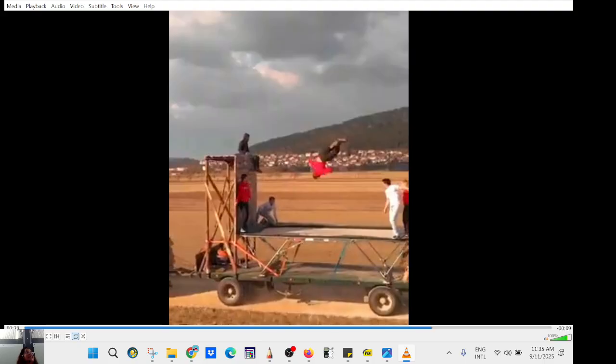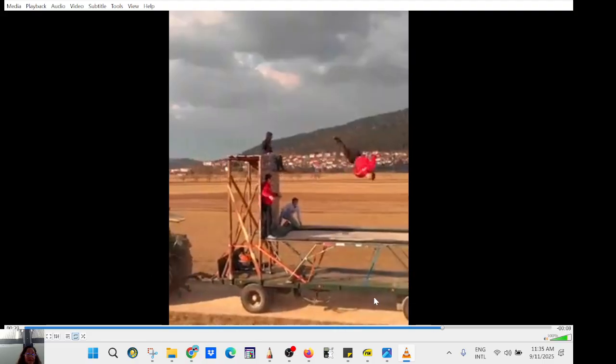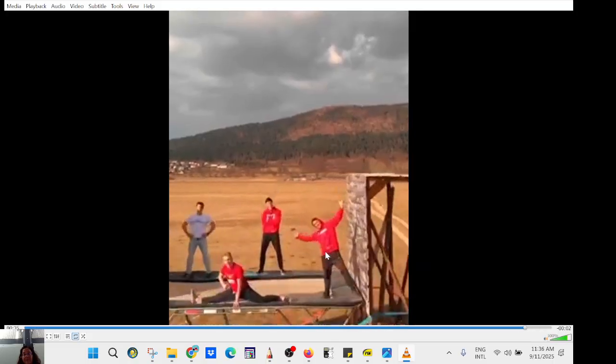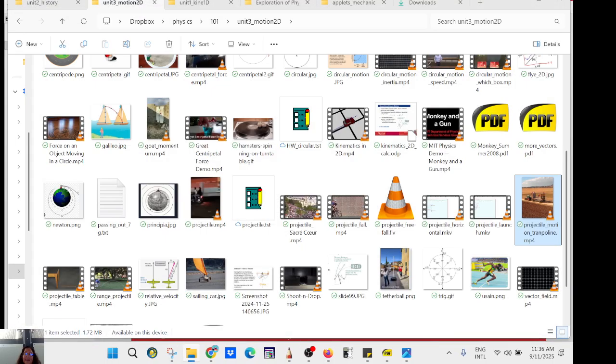But the point is, it's a situation of tossing. Even if something is tossed, right? He's going up and down, but at the same time he's moving forward. So it's going to be a parabola. Doesn't look very safe to me, but okay.